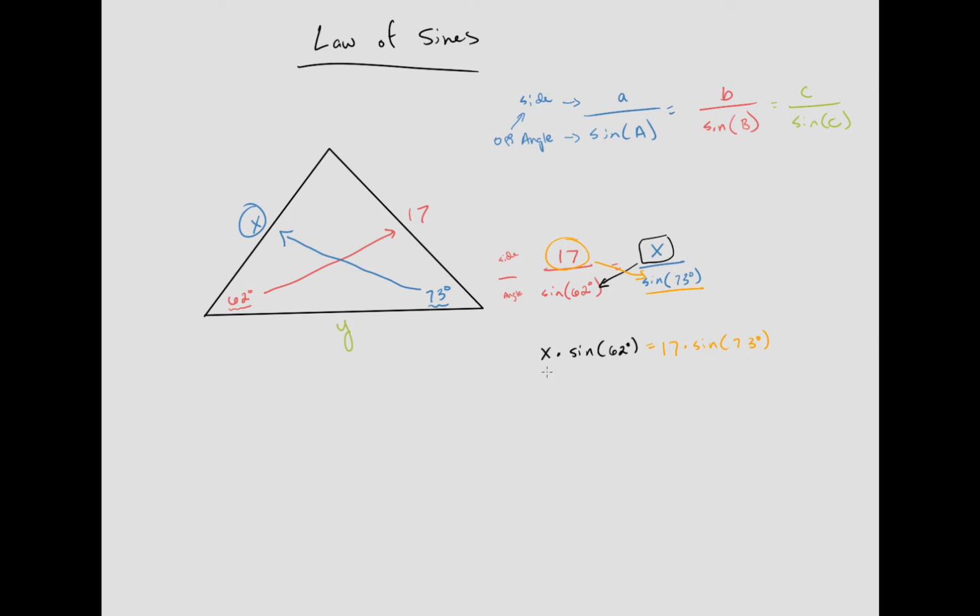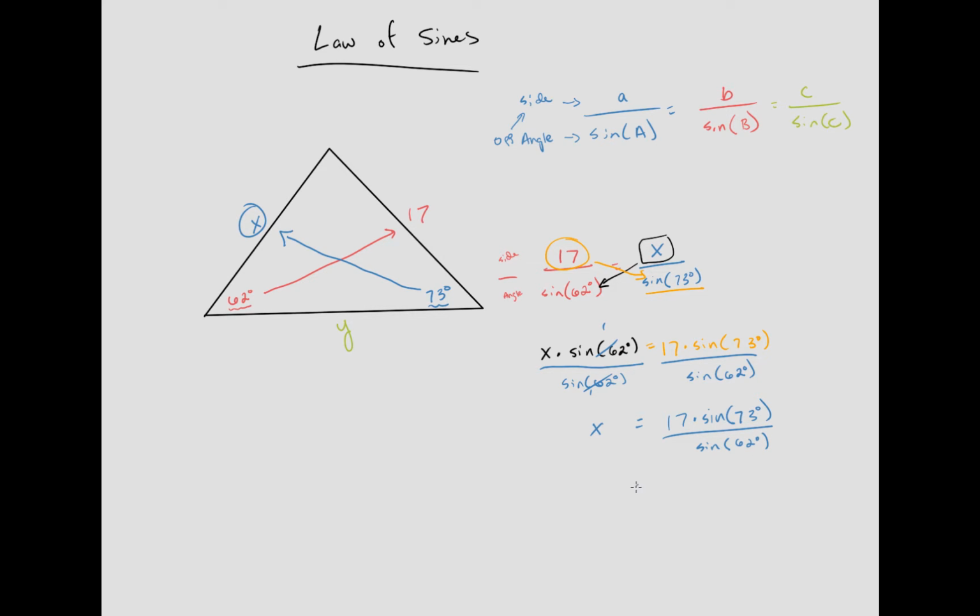Trying to find the value of x, I'm going to divide by sine of 62 degrees. Again, that creates a 1, so I'm left with 1x on the left side, but then I need to balance my equation. And we find that x is equal to exactly 17 times the sine of 73 degrees divided by the sine of 62 degrees.